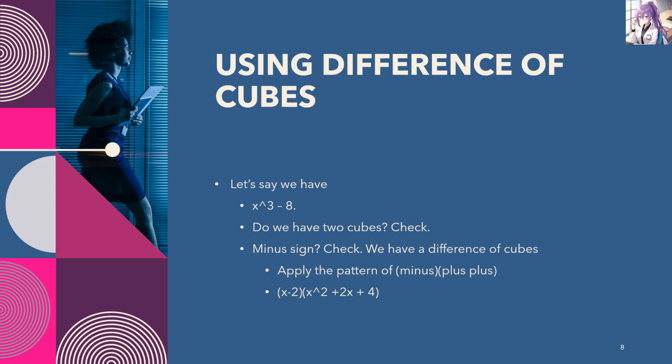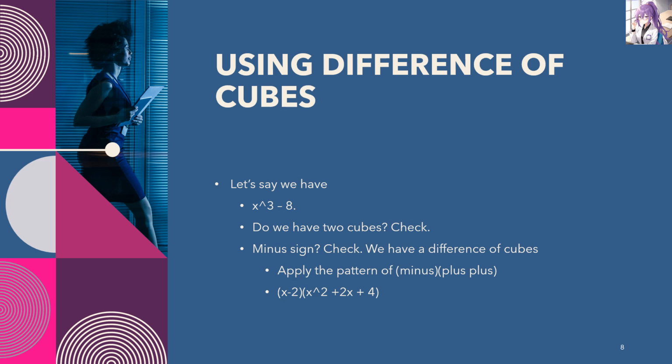Now that we've seen the patterns for sum of cubes and difference of cubes, let's see how we can apply them. Let us say we are given x to the third power minus 8. You may have noticed that two cubes are given here. You may also notice that we are doing subtraction, which means we have a difference, and that means we have a difference of cubes. So we're going to apply the pattern of minus plus plus for the signs when factoring this out.